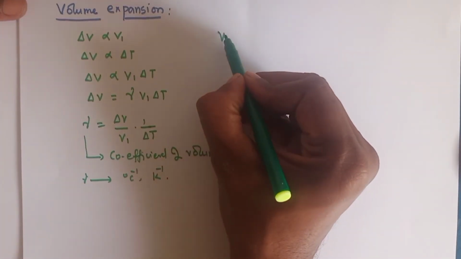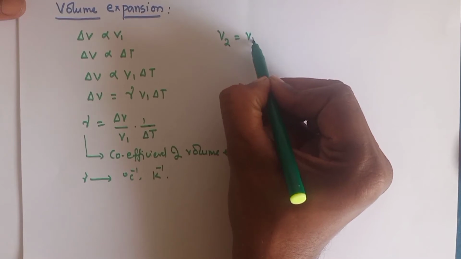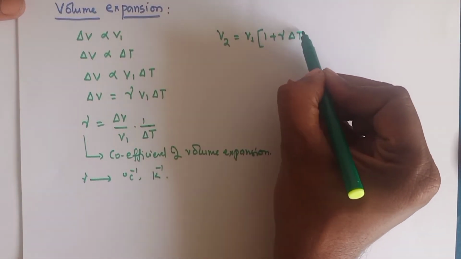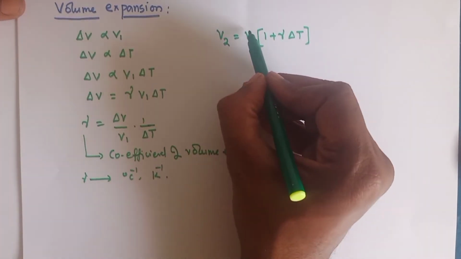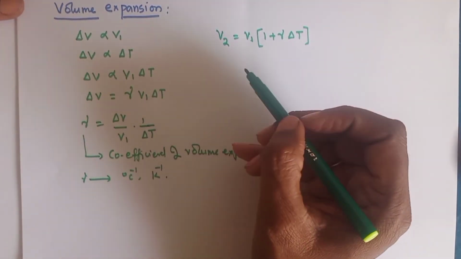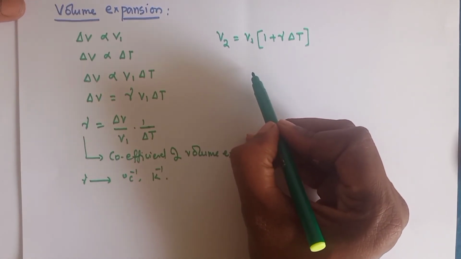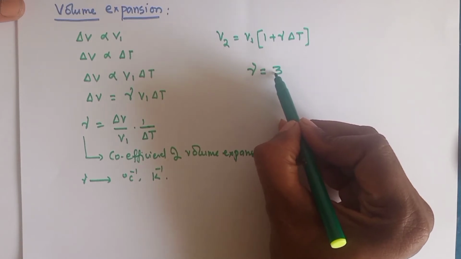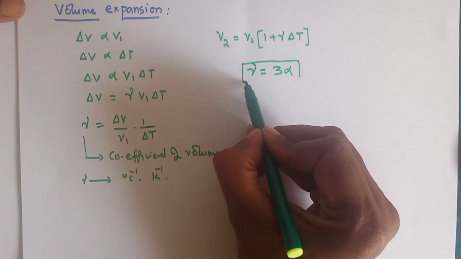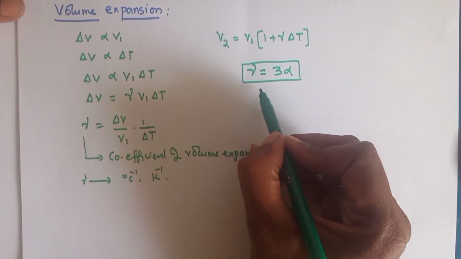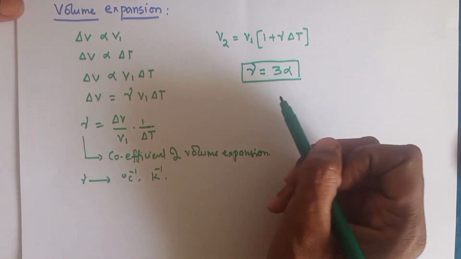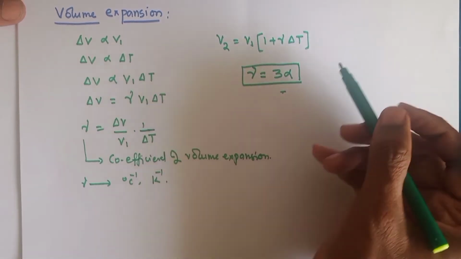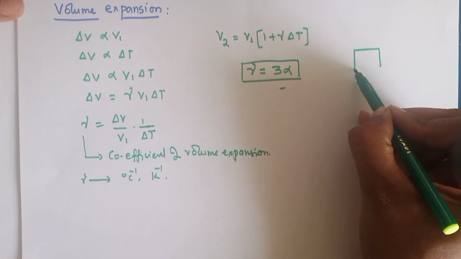And V2, the final volume, is equal to V1 times 1 plus gamma into delta T. This is the final volume, and gamma is equal to 3 times alpha. We'll prove it. Let us consider a cube.